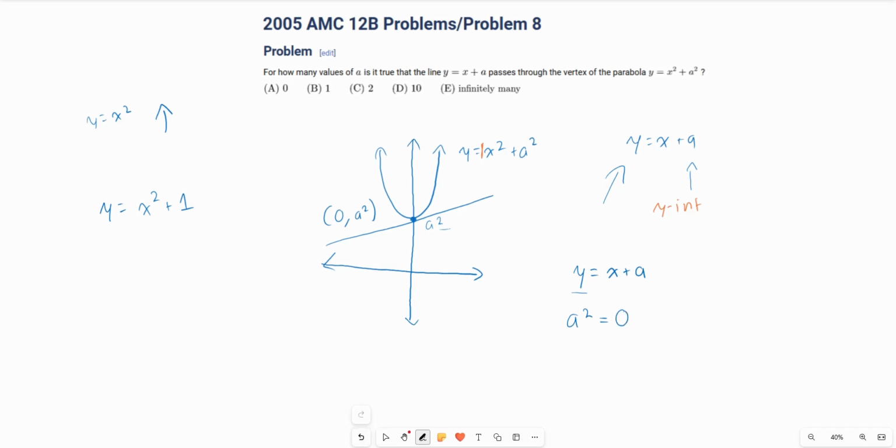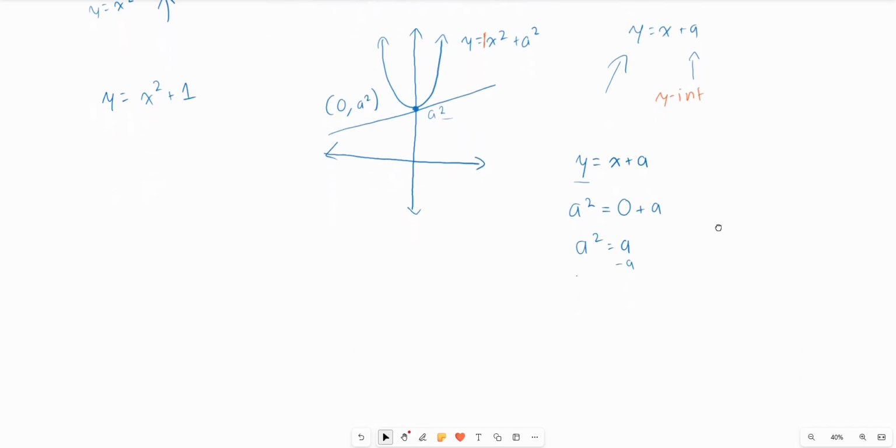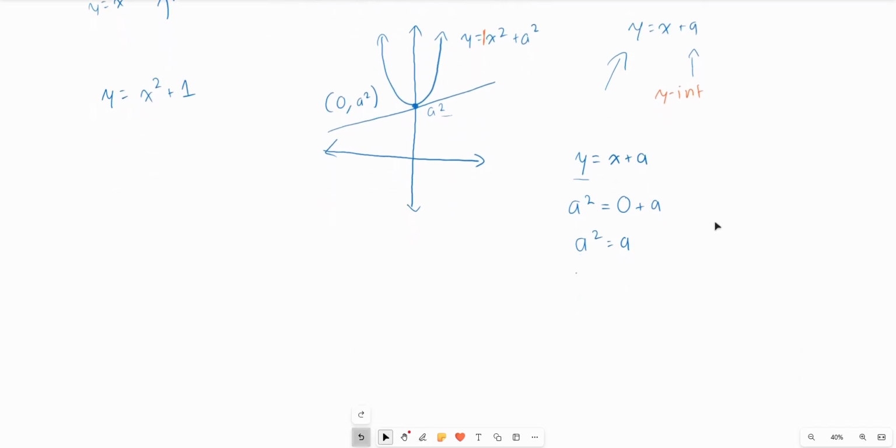So 0, and then a just remains a because that's the y-intercept. So a squared is equal to a, and we want to subtract a from both sides. Subtract a from both sides. We're left with a squared minus a is equal to 0.